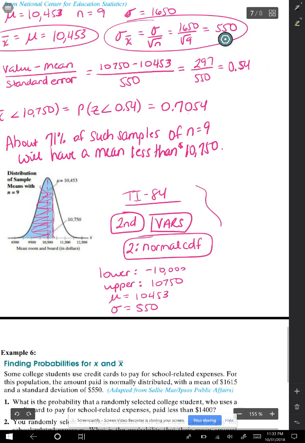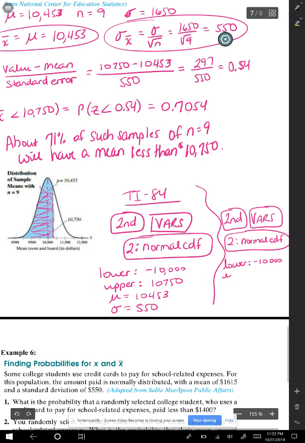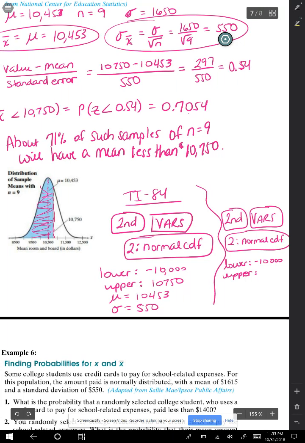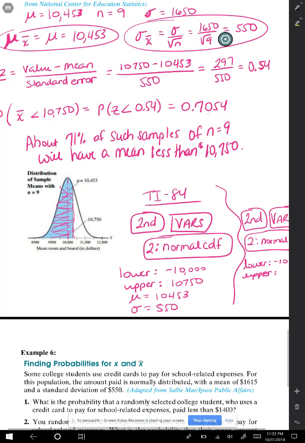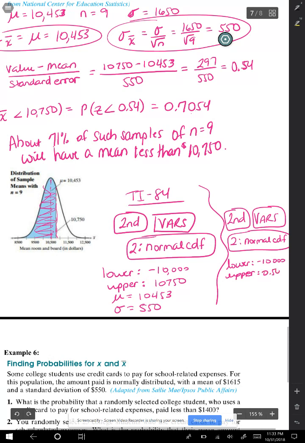If you want to use the z-score, we're going to go through the same steps. Our lower limit, we'll still use negative 10,000. But now our upper limit is going to be our z-score, which was 0.54.